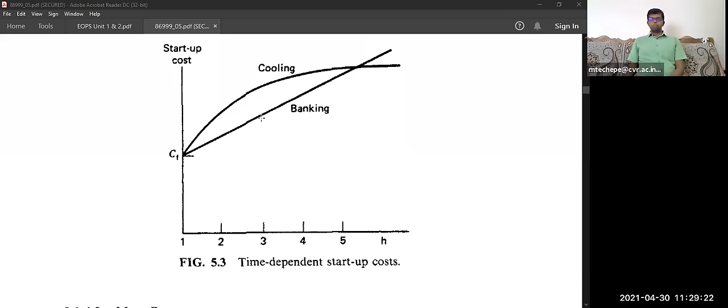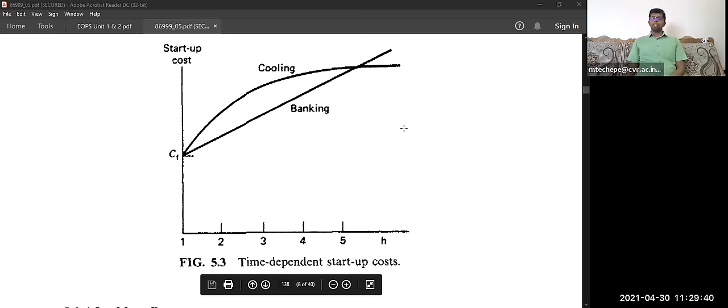Why? Because we have spent some amount for generating the power. So the startup cost does not go down; it remains constant for some time, so that we might be utilizing the same heat for running the plant.